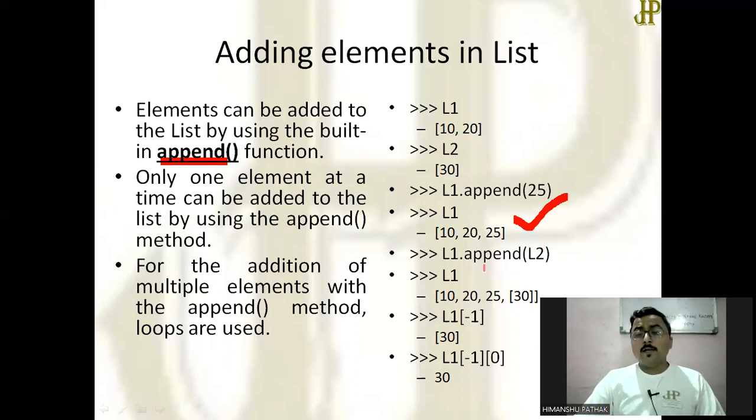Now I am going to do L1 dot append L2. It will print all these three and the fourth element as a list. You have to be very careful.